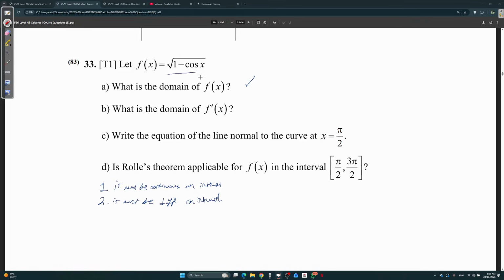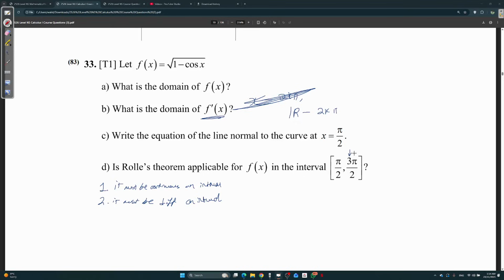Is it differentiable? We derived it and found f prime of x, right? We found that the domain of the derivative is all real numbers except 2k pi. Now how do we think about that?